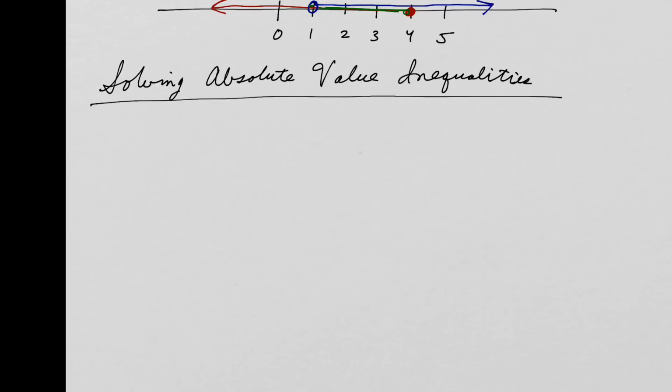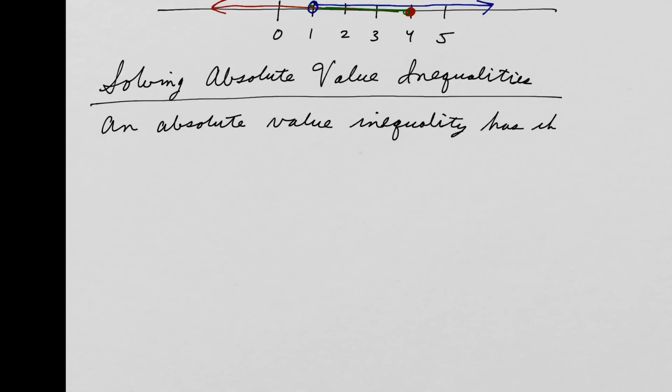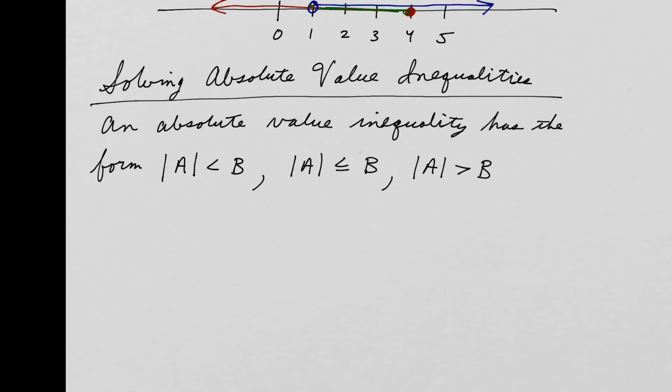So an absolute value inequality has the form either absolute value of some expression is less than some expression, or it could be absolute value of some expression is less than or equal to some expression, or it could be absolute value of some expression is greater than another expression, or it could be absolute value of some expression is greater than or equal to another expression.